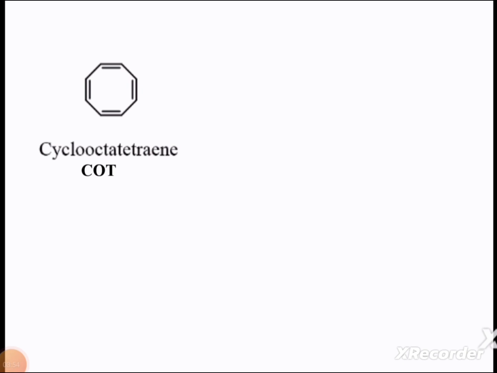If we discuss cyclooctatetraene, which can be called COT, this has a conjugation system. It looks cyclic, planar, having a 4n pi system, but it is not anti-aromatic, it is non-aromatic.